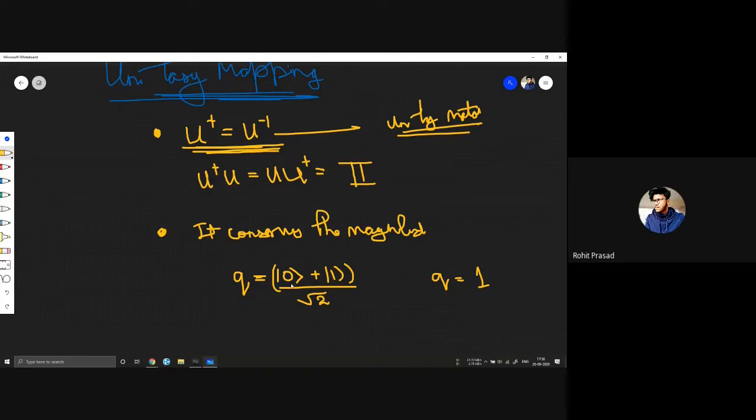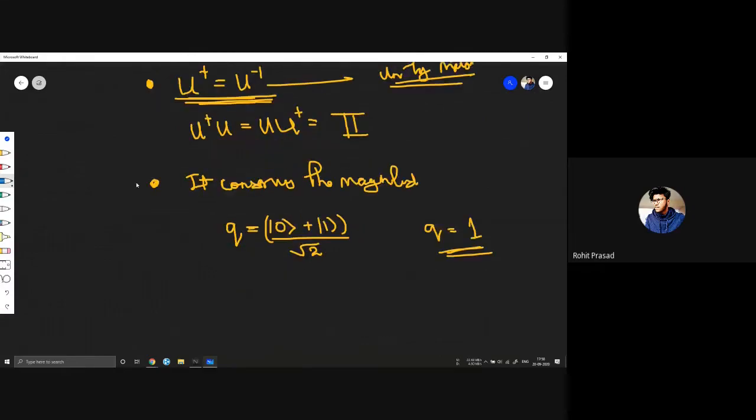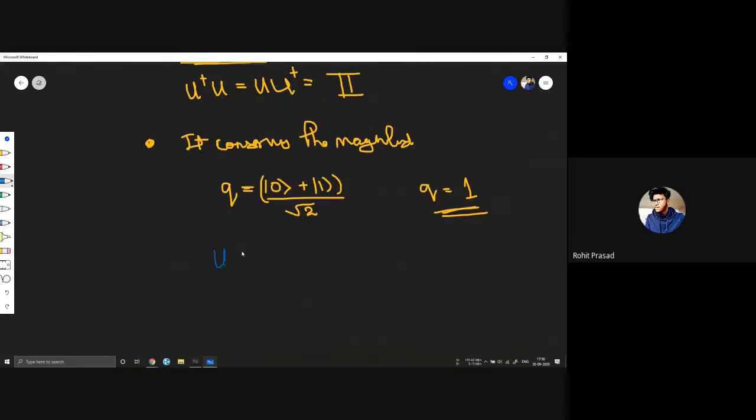So 0.5 probability of 0 plus 0.5 probability of 1, and the q has a total probability of 1. If we apply this unitary map u on q, and it gives us u1, then the probability of being in the u1 state will be 1.